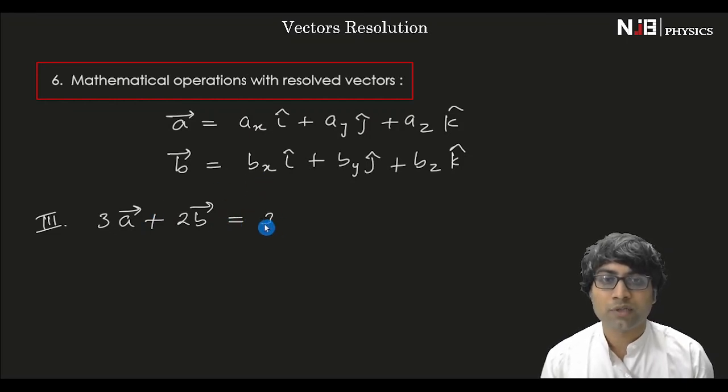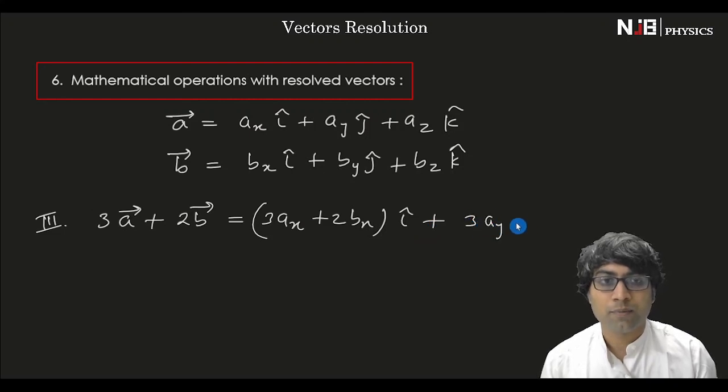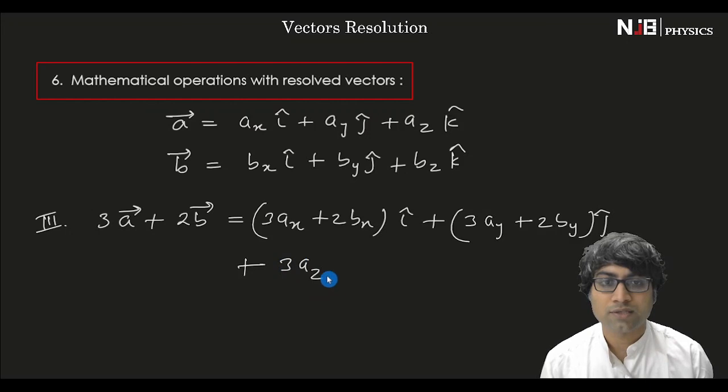It is going to become (3ax plus 2bx) i cap. Similarly, the y component will be (3ay plus 2by) j cap, and similarly the z component will become (3az plus 2bz) k cap.